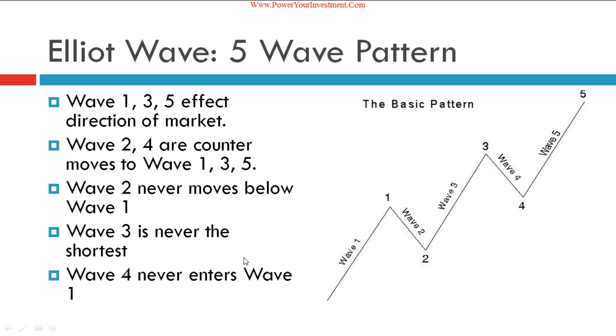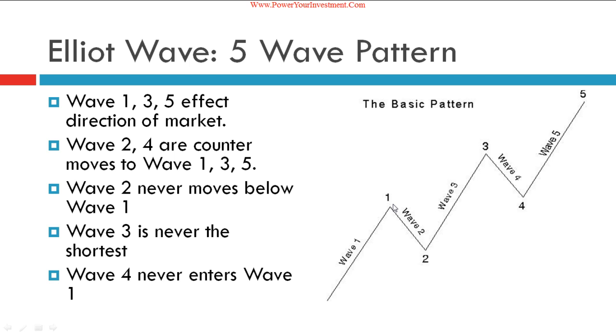The second rule is that wave 3 can never be the shortest. Either wave 1 can be the shortest or wave 5 can be the shortest, but wave 3 cannot be the shortest. And here I would like to bring you to a very important point: when measuring whether wave 3 is the longest or the shortest, you need to keep your chart at a semi-logarithmic or logarithmic scale.